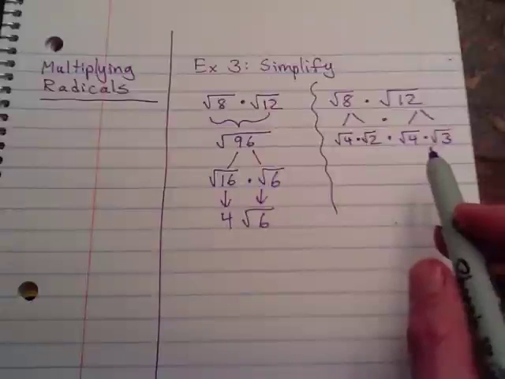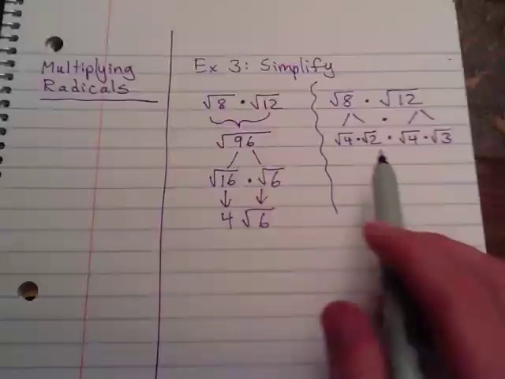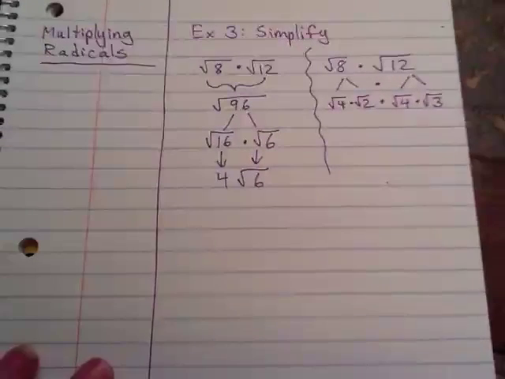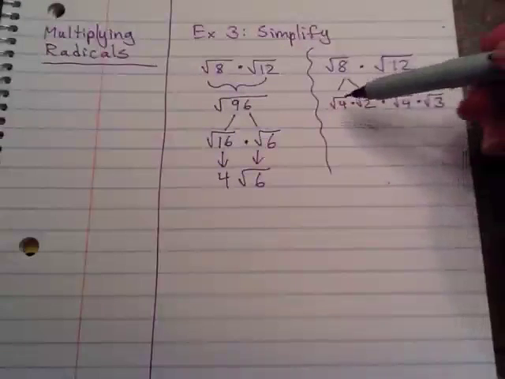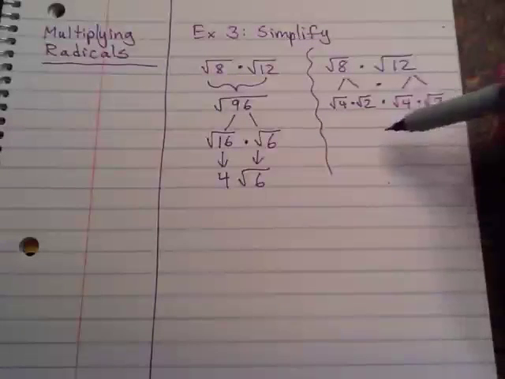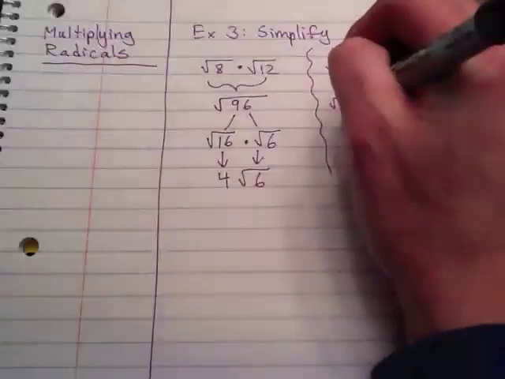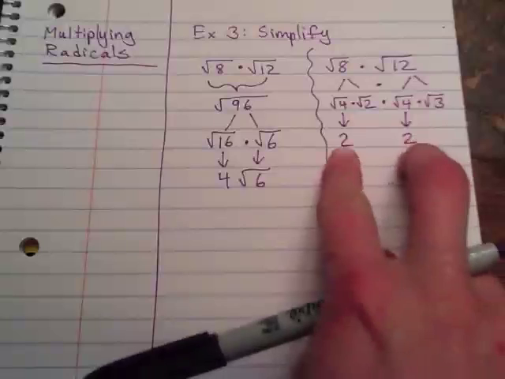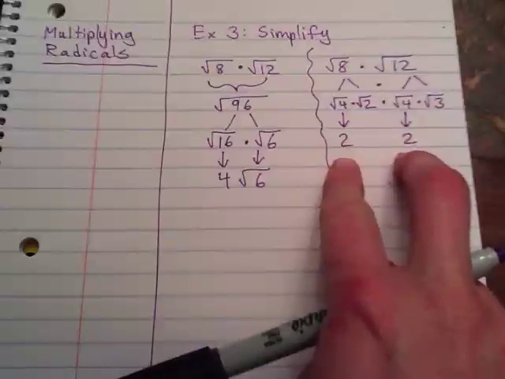And now you're going to look for perfect square factors or matching radicals. In this case, square root of 4 times square root of 4 is the square root of 16, and the square root of 16 is 4. Or you could break these down individually and have a 2 here and a 2 here, which also gives you 4 once you multiply them.